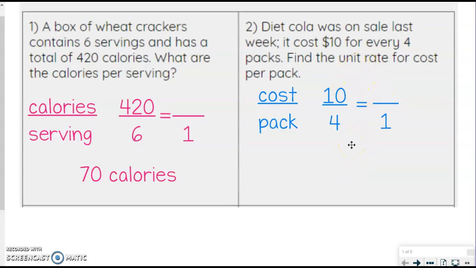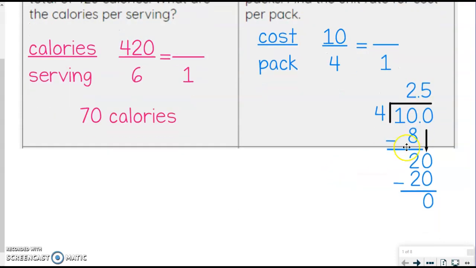That's a little hard for me to do in my head, so let's do some division off to the side. I'm going to show you the end result. If you want to pause and try this division on your own, feel free. Otherwise, let me walk you through it real quick. 4 did not fit into 1, so I had to go to 10.